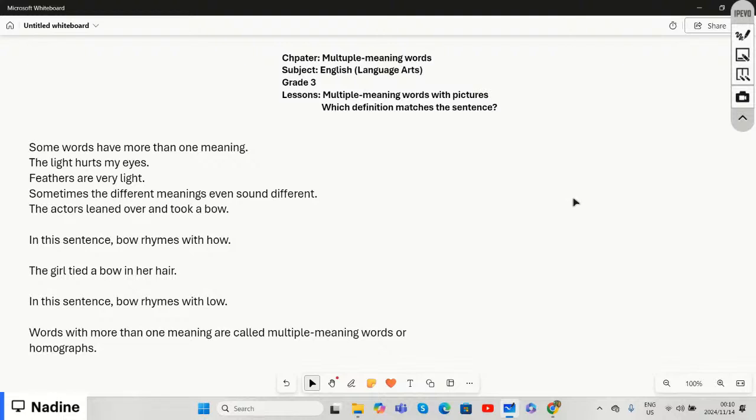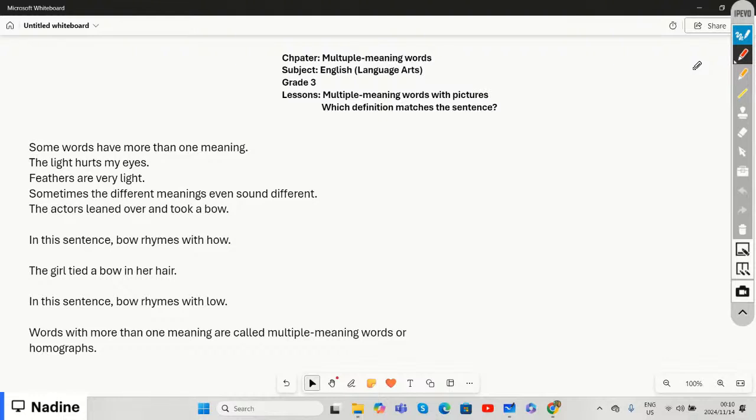So today we're doing multiple meaning words, and some of our words have more than one meaning.